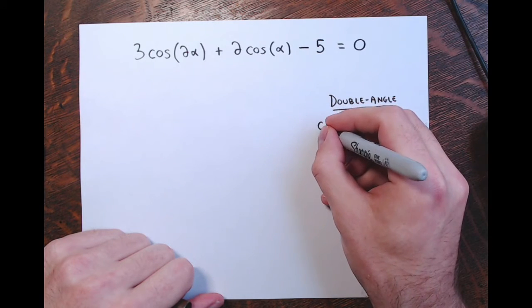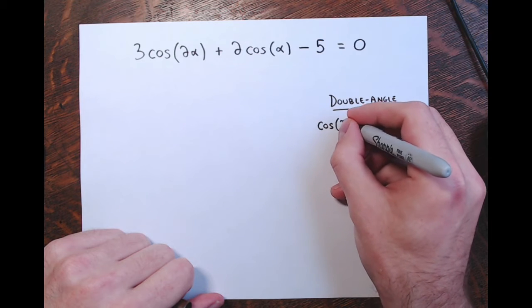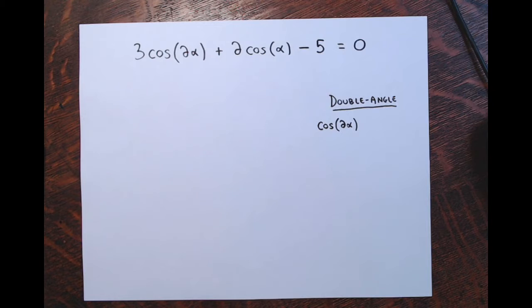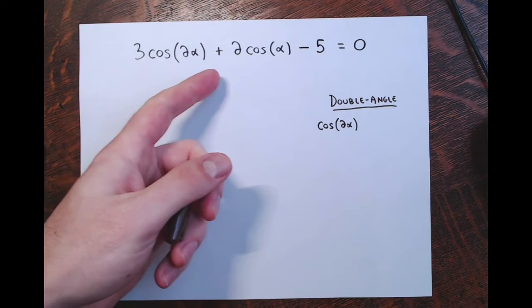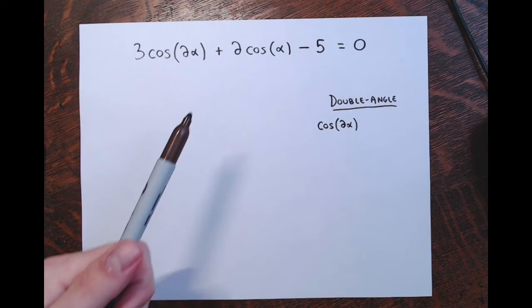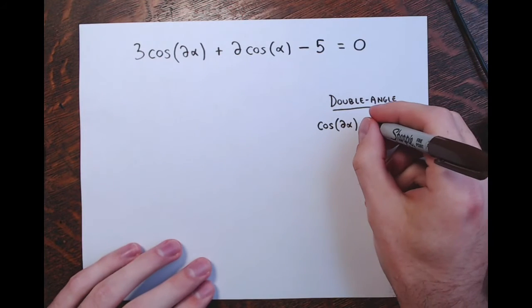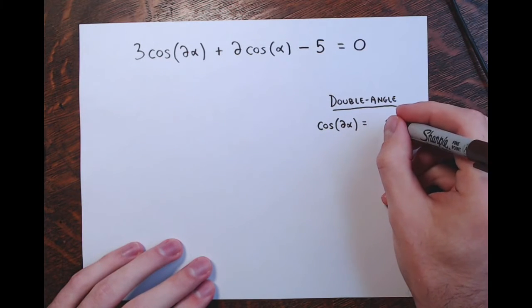Now if you recall, the cosine of twice an angle, say 2 alpha, there were 3 different versions of this. One was cosine squared alpha minus sine squared alpha, but I'd rather not introduce another function if I don't have to. Right now everything's cosines, so I'd rather not introduce a sine as well. But there was a version that only involved cosine, and I'll write it now.